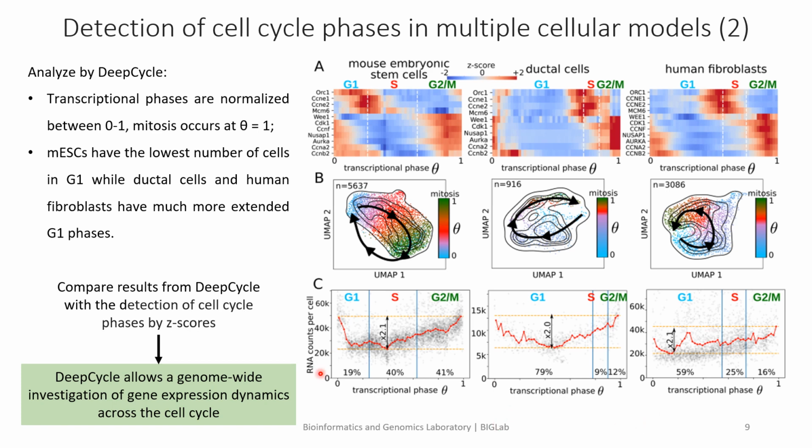After that, they compared results from DeepCycle with detection of cell cycle phase by Z-score, and found that DeepCycle gave the same result as the control. The authors conclude that DeepCycle allows a genome-wide investigation of gene expression dynamics across the cell cycle.